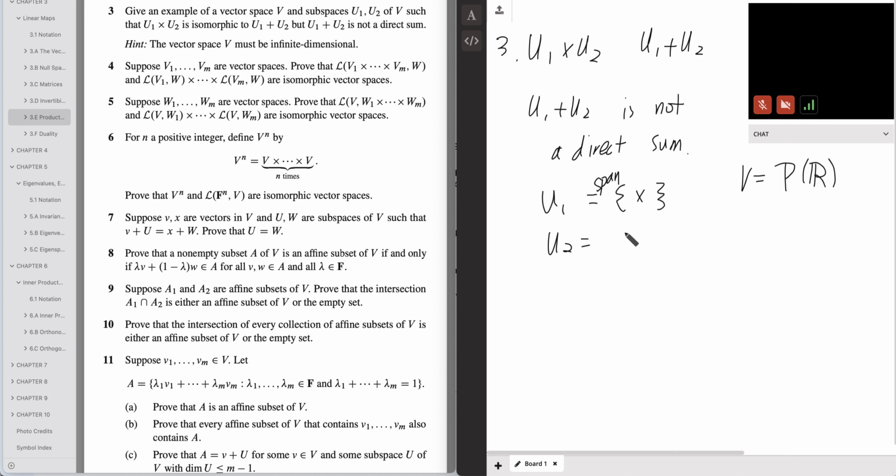And then U2 is spanned by the elements X and X cubed and so on. I deliberately avoided using polynomials of odd or even degree, because you get left with a lot of lower degree terms that can be kind of annoying. So I chose to isolate only the highest degree term and put them on here, and this is a more efficient way of thinking about odd degree polynomials, in my opinion, when you're doing things like this.